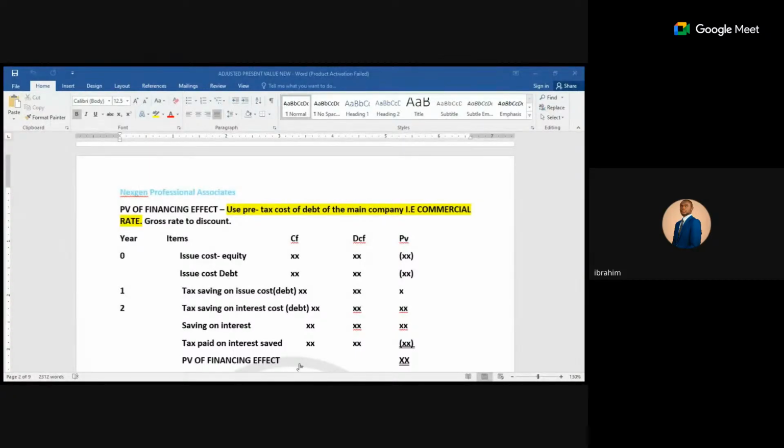Now, these are the steps you need under the PV of financing effect, the sources of finance. You'll be given in a question that they need to purchase a machine of 500,000. How will they finance this project, the machine?